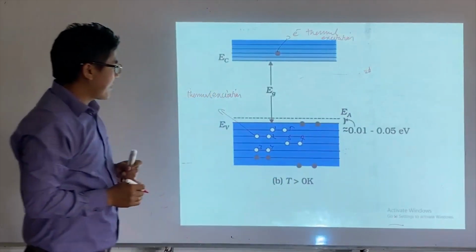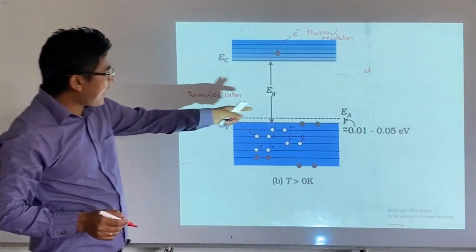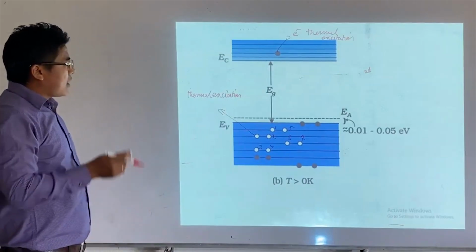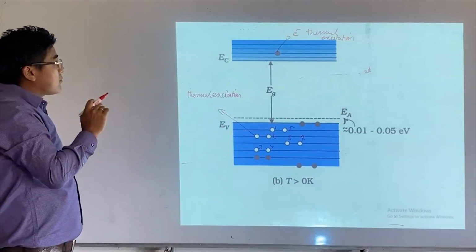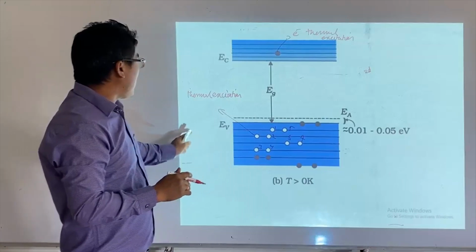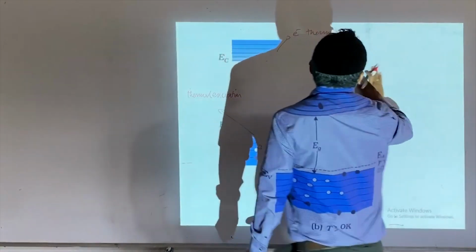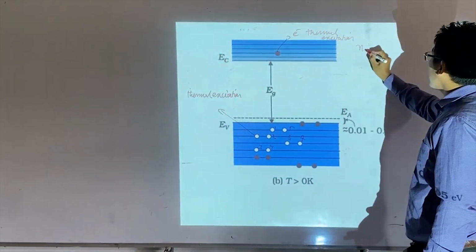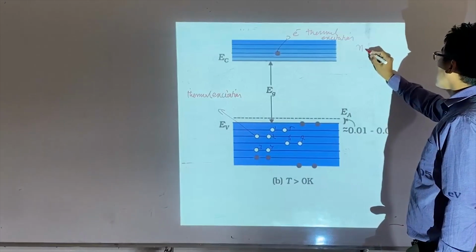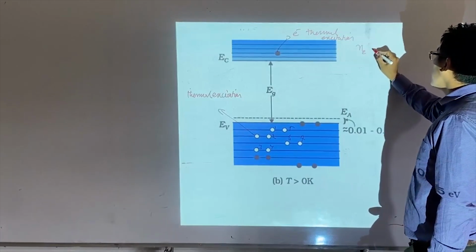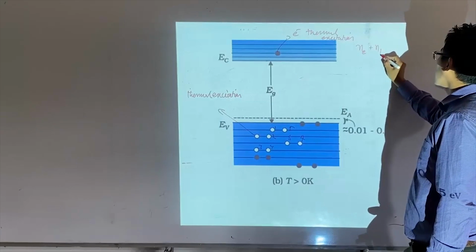This is the acceptor energy level. Look at here now. I have 2 charge carriers. One is the electron charge carrier, and this is the hole charge carrier.